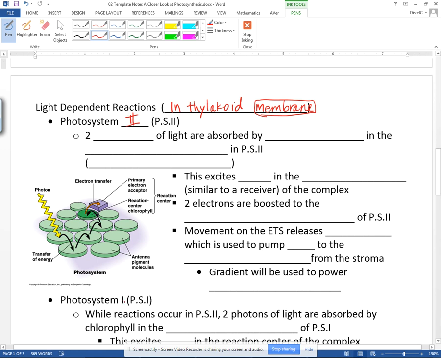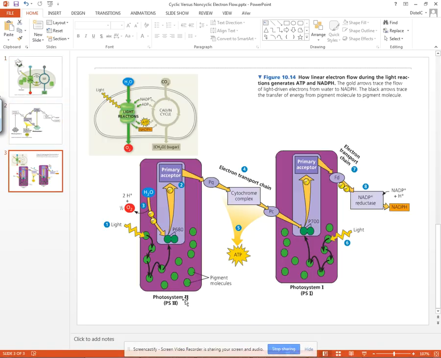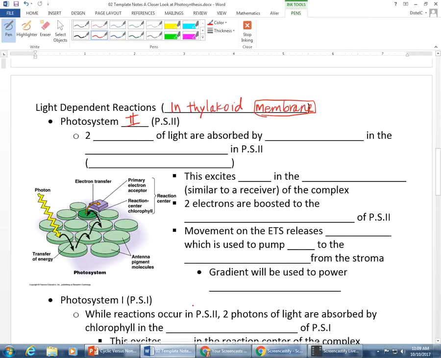They're named after their origin of discovery. So Photosystem 1 was discovered first and then Photosystem 2. But when we look at the process, I'll pull this picture up. When we look at the process, Photosystem 2 we'll talk about first and then Photosystem 1.